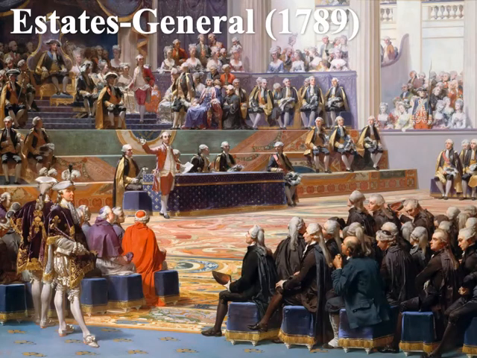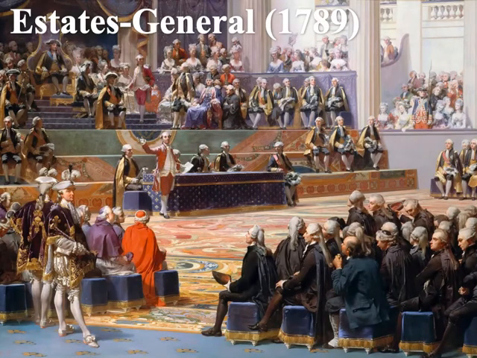But now the financial crisis is so acute that France is bankrupt because of its poor taxation policy and its lavish spending and the inability of the government to gain sufficient revenue to pay its expenses. The king is forced to call the Estates General together in 1789 to meet the financial crisis.